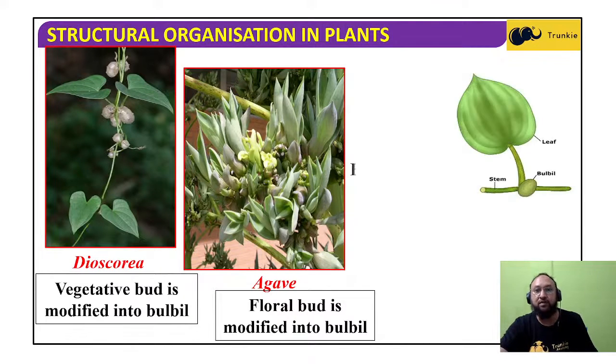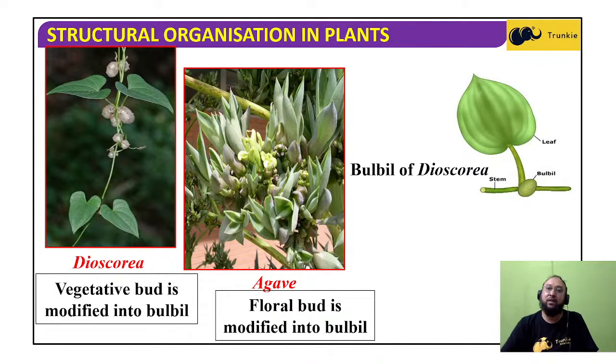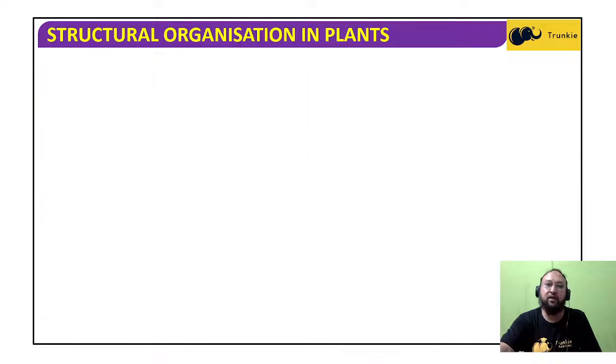This is the bulbil of Dioscorea. You can see the bulbil structure like this. If this is detached, it grows on the soil and develops into a whole individual plant body. So Dioscorea and agave are the best examples.